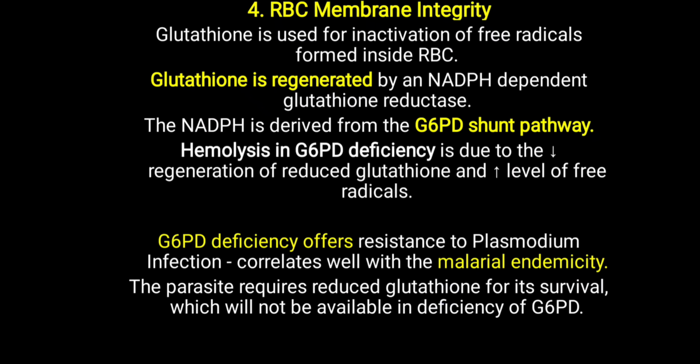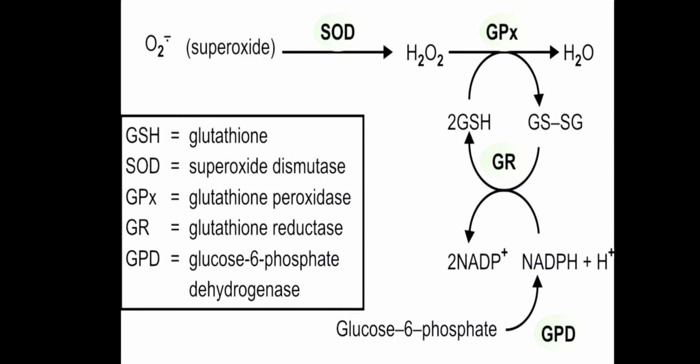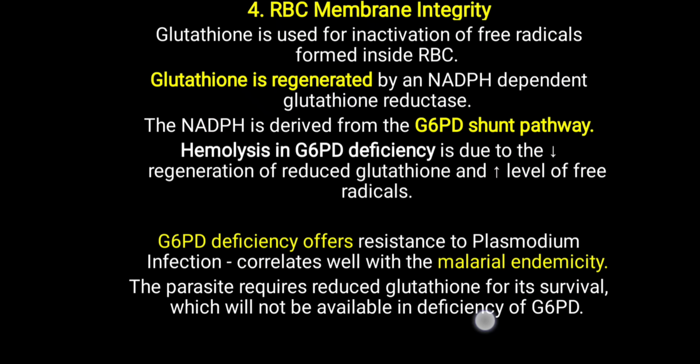Reduced glutathione will not be available for the survival of the parasite in G6PD enzyme deficiency of the HMP shunt pathway. So ultimately the malarial parasite is not surviving, and there are fewer chances of malaria when a person is suffering from G6PD deficiency. G6 means glucose 6 phosphate dehydrogenase, which is the key enzyme of the HMP shunt pathway.